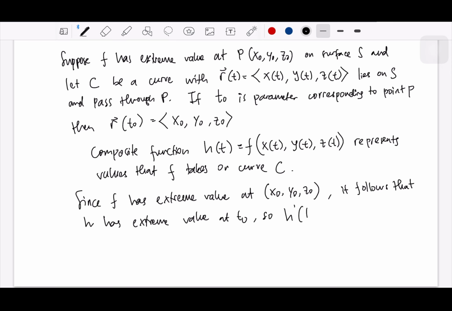So h prime of t0 is equal to 0 because it has the extreme value.